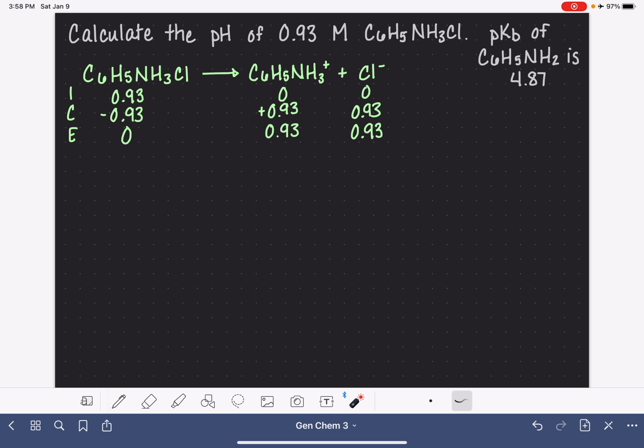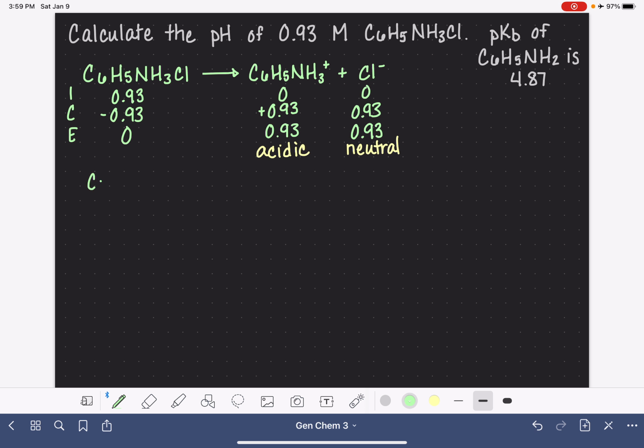When we're looking at our cation, this is not from group 1A or group 2A, so this is an acidic cation. Our anion is one of those 5 neutral anions, so this is a neutral anion. So from here on out, we're going to be focusing on the C6H5NH3 plus ion because it is acidic. It's what's dictating the pH of the solution.